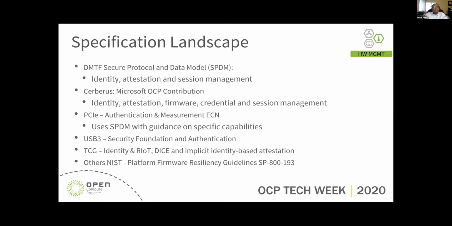For somebody implementing this, it requires significant analysis, and if they have to support multiple standards, it introduces unnecessary complexity. I think that's one of the challenges we'll talk about later in depth. So that's the landscape today.